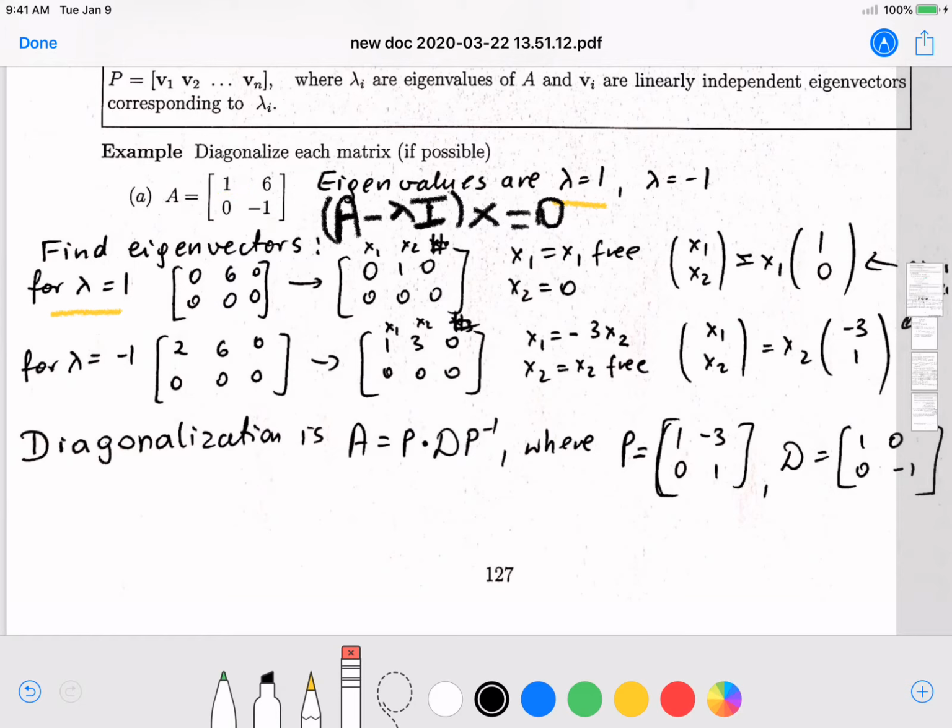So 1 minus 1 gives 0, and minus 1 minus 1 gives minus 2. I made a little error earlier; it should be minus 2 here.